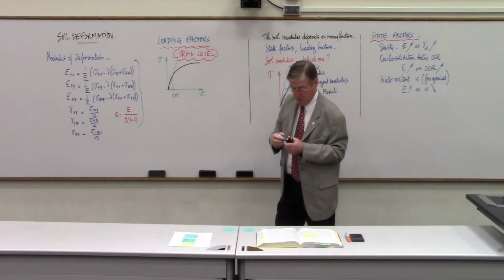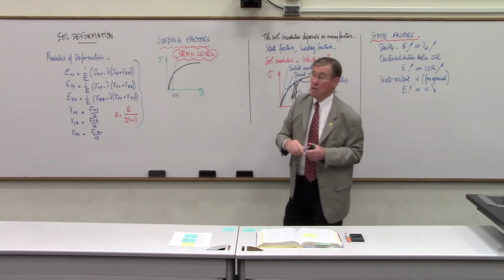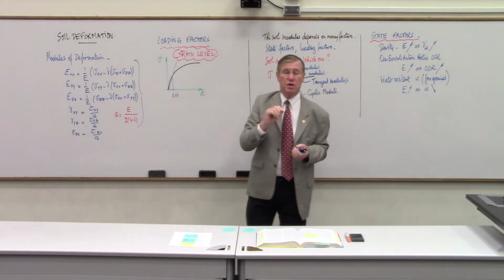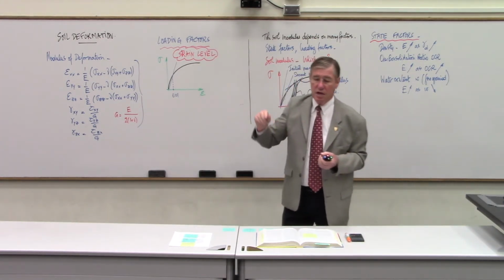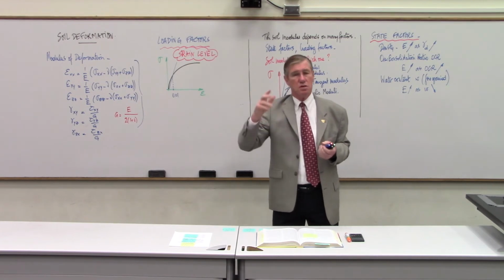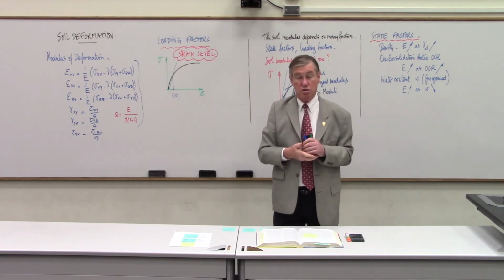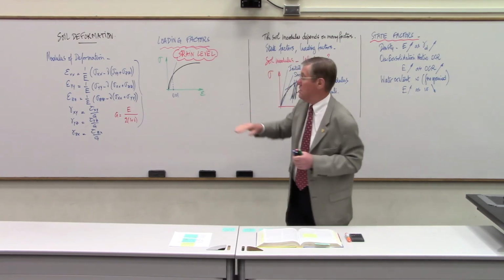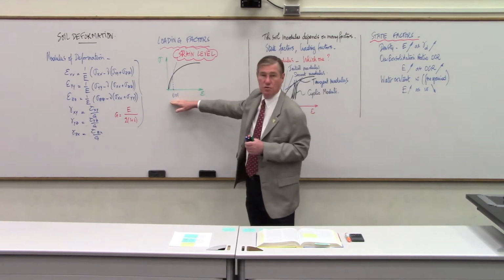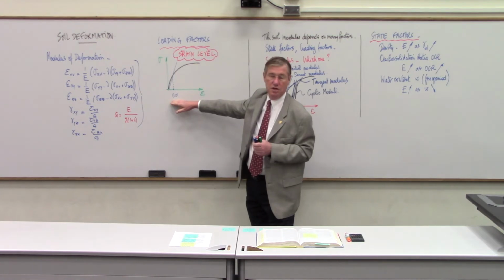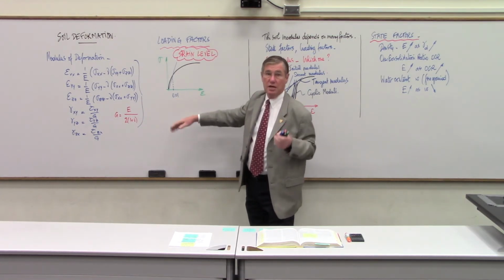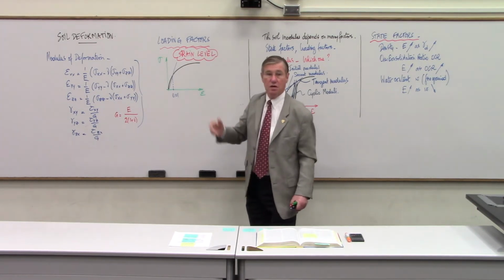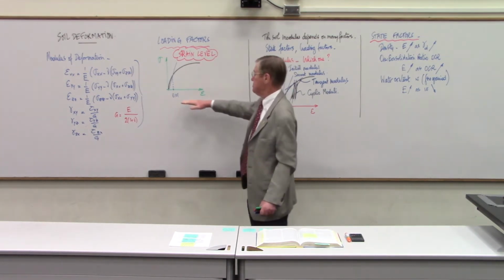If I deal with pavement design, then I'm going to be dealing with much lower strains because I've got so many cycles, so many trucks, so many cars that come and load the soil repeatedly, that I cannot afford to have the type of strains that I would have in foundation engineering, where typically on a building like this, we would have one loading, the monotonic loading, and then we're done for 50, 100 years.